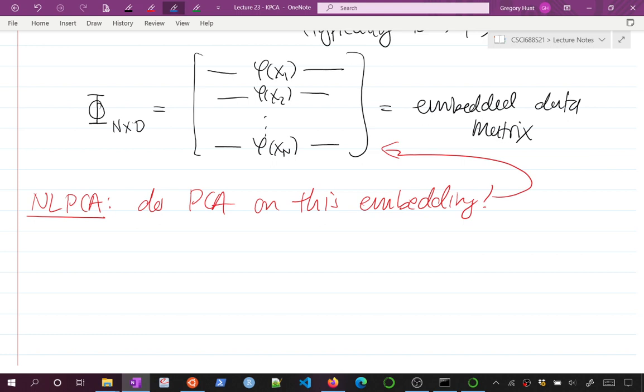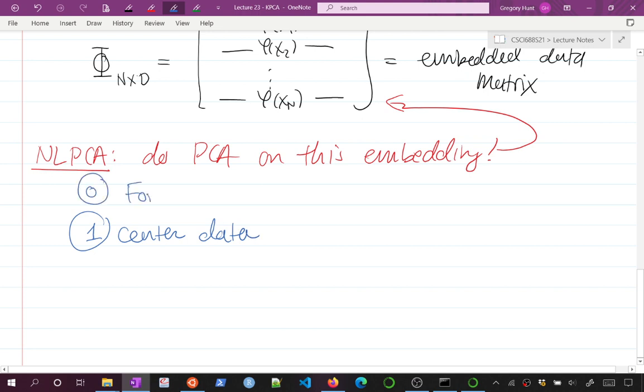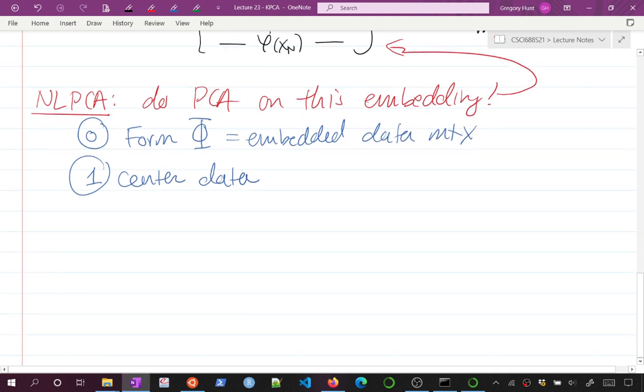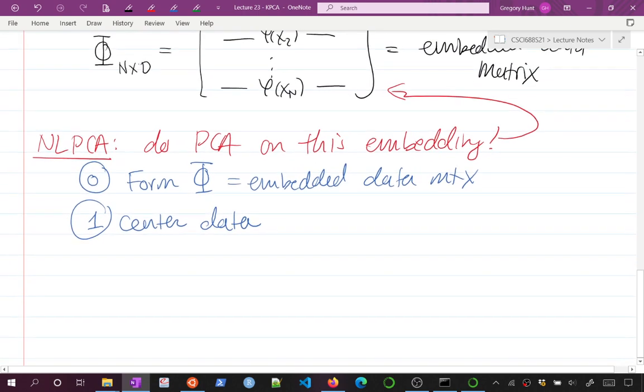So what would that look like? Typically in PCA, we first center our data. The zeroth step here is to form our embedded data matrix, capital Phi. Then we're going to want to center this, because typically you center things before doing PCA.